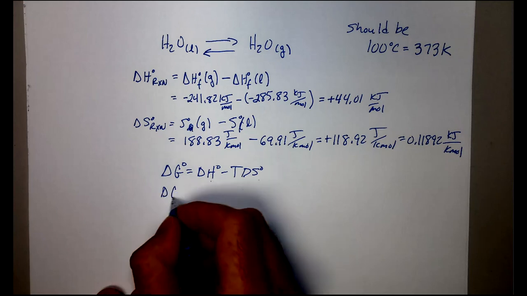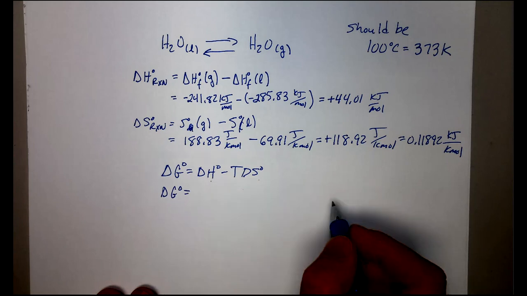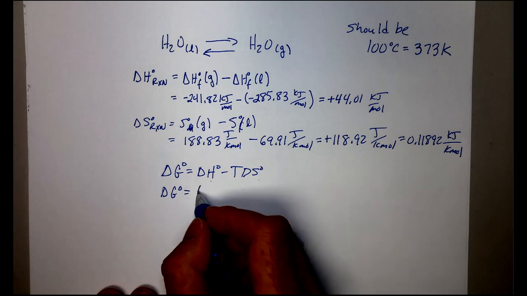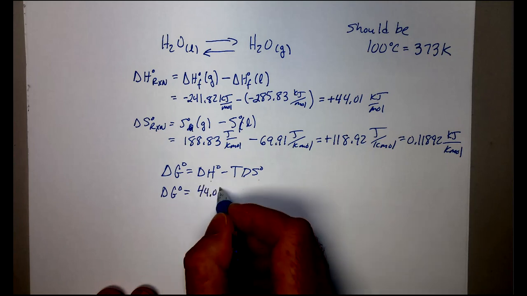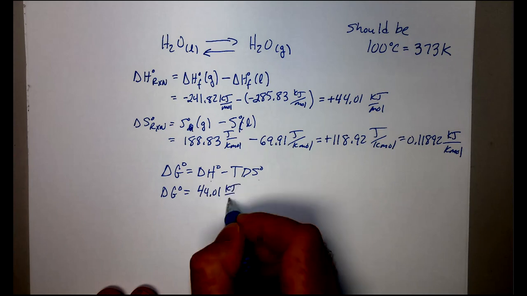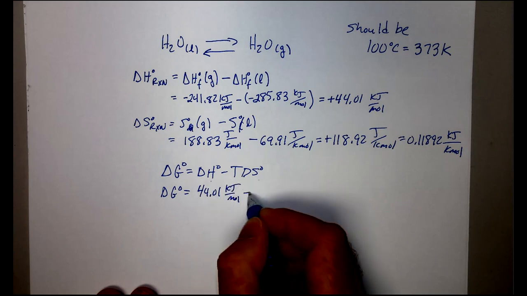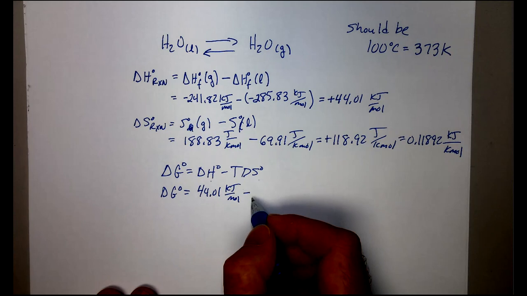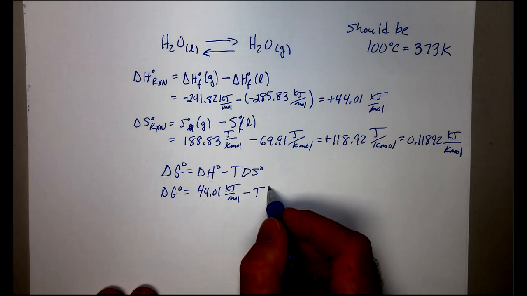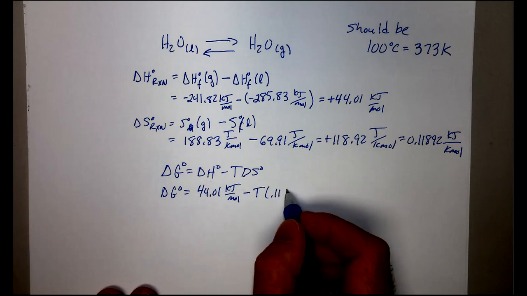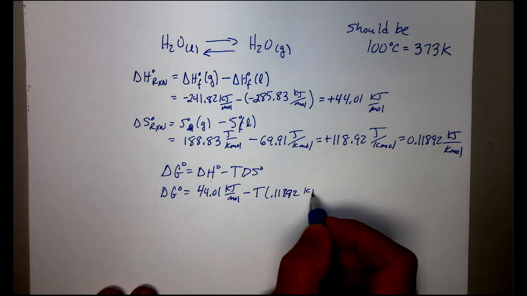So delta G standard is 44.01 kilojoules per mole minus our temperature times 0.11892 kilojoules per Kelvin mole.